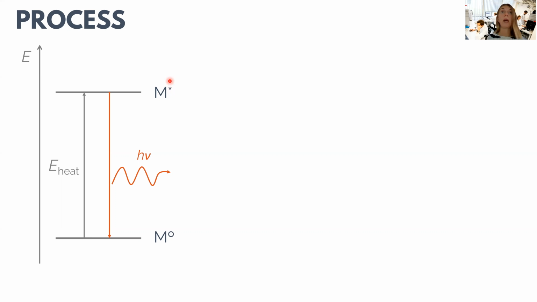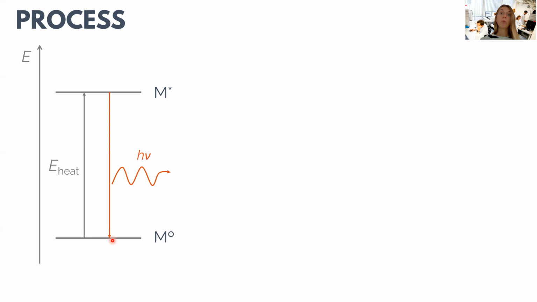And once in their excited states, the atoms can relax back to the ground state. But this can occur either through an emission of a photon, which we can use in atomic emission, or also through an emission-less transition, so by, again, giving up heat.